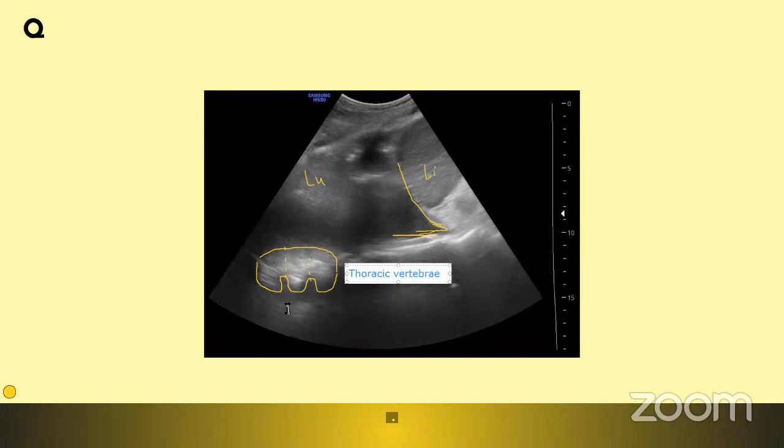Since it's brighter, we discussed only one artifact where we are dealing with a hyperechoic or brighter image. Just reverberation? No, the artifact which we discussed here was post. Yeah, PA exactly. So posterior acoustic enhancement. For posterior acoustic enhancement to happen, the ultrasound pulses must have high energy to even reach it, right?